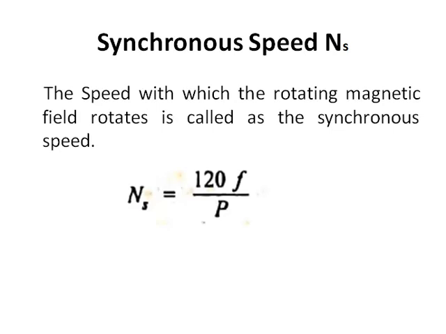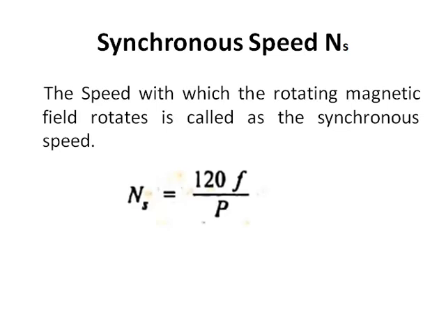In the earlier session, we looked into how a rotating magnetic field is created when stator winding is supplied with a three-phase supply. That rotating magnetic field rotates with a certain speed.